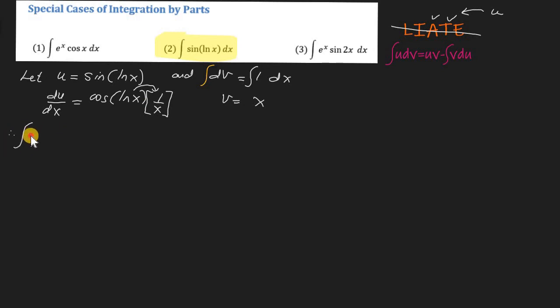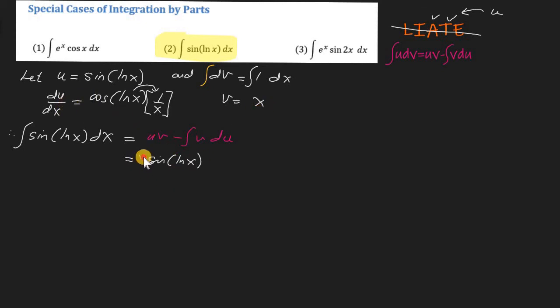Let's copy down that question. What was the formula just now? The formula is uv minus integral of v du. Let's replace the values: the u is sine ln x, the v is x.